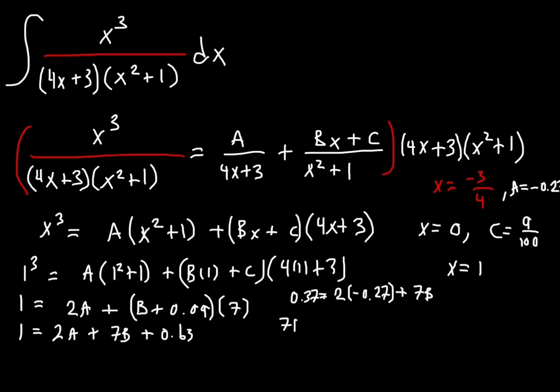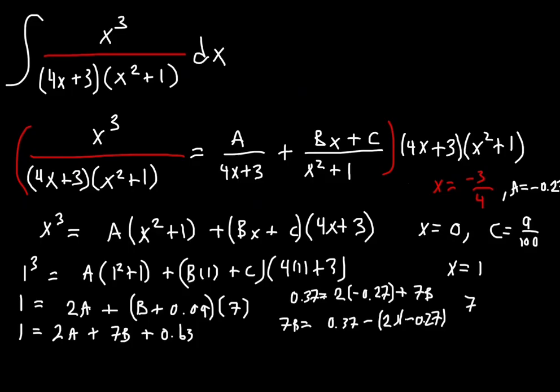So 7B is equal to 0.37 minus 2 times negative 0.27.